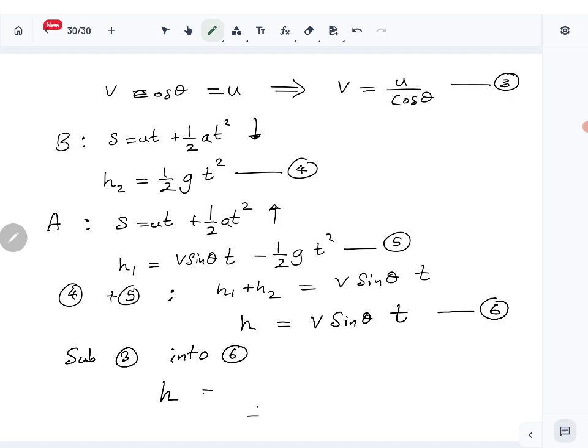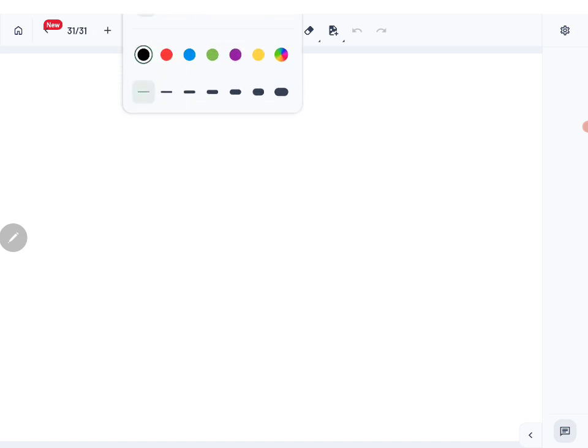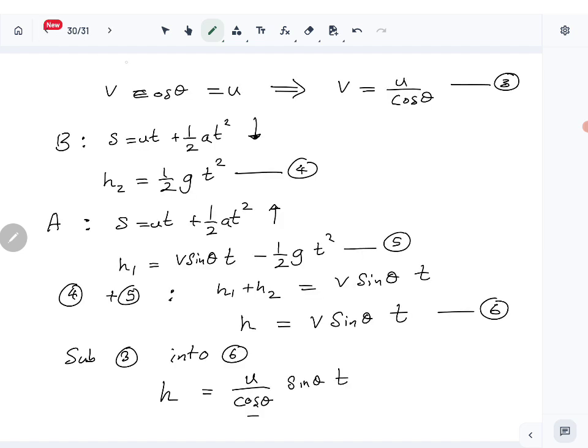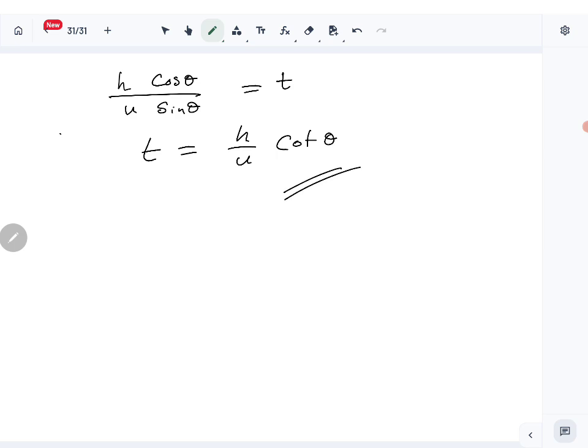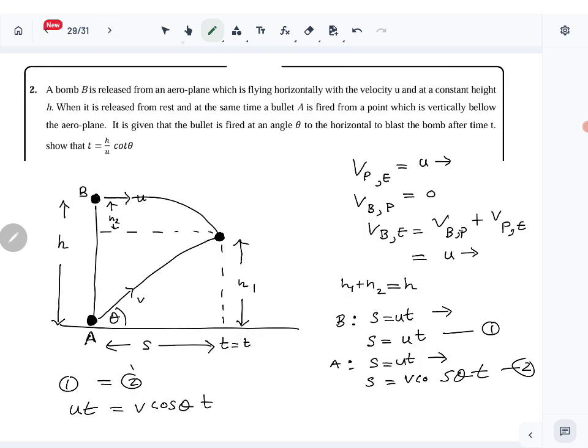What is V? V is u over cos theta. So you get h equals u sine theta t over cos theta. You can move the cos theta to this side: h cos theta over u sine theta equals t. So t is equal to h over u cot theta, which is what we want, right?